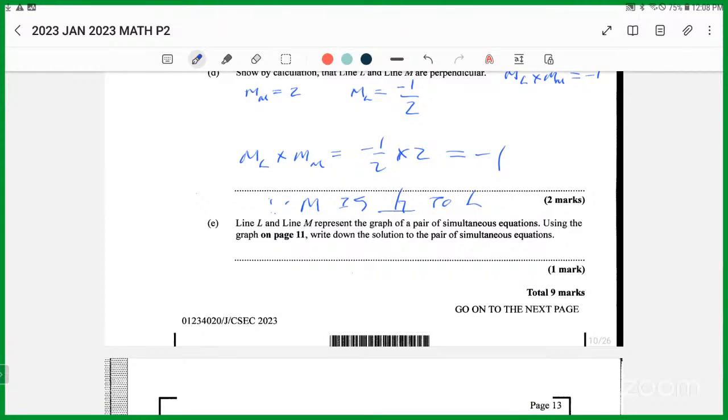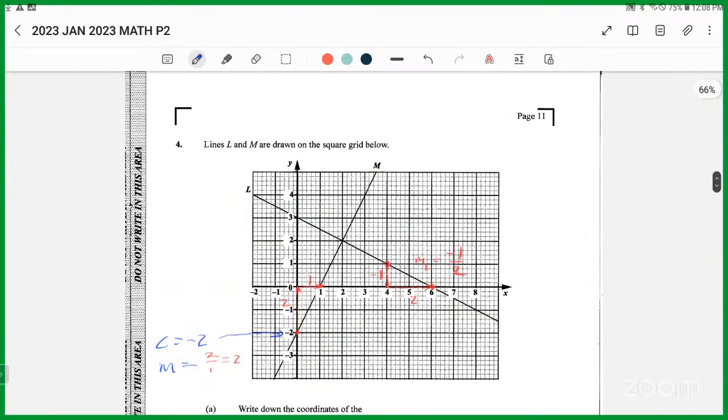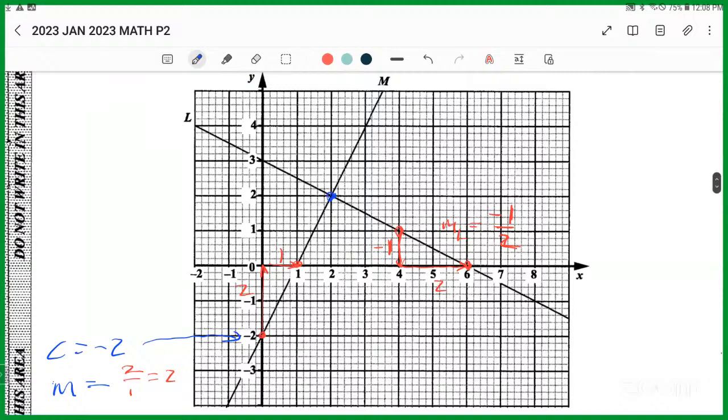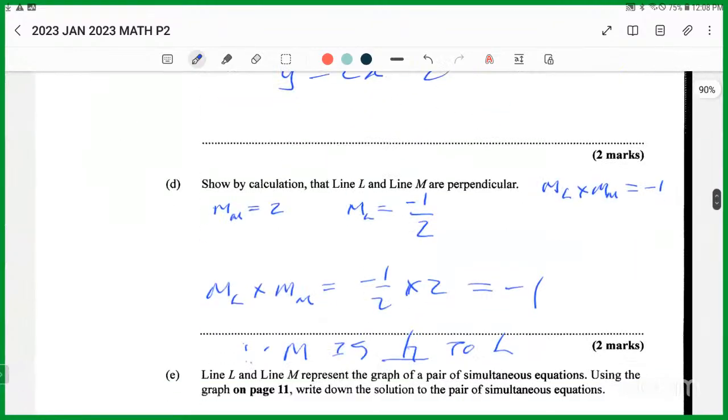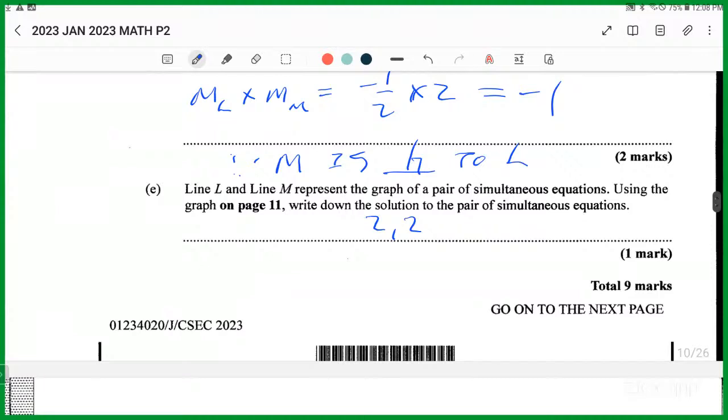It's the point where the coordinates satisfy both equations. That's what you want. So you're looking for the point of intersection of the two lines, which is right here. That point is 2, 2. See that? So the answer for this one is 2, 2. Simple as that. If you solve the two equations simultaneously, this is what you're going to get.